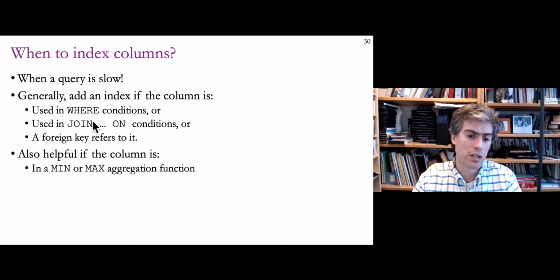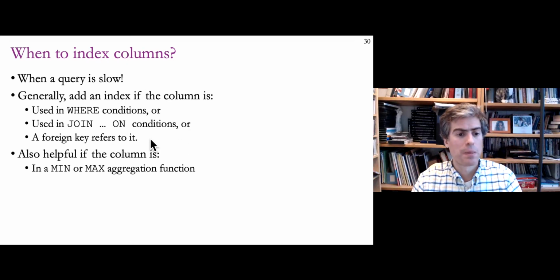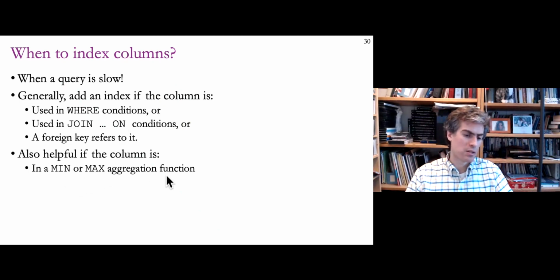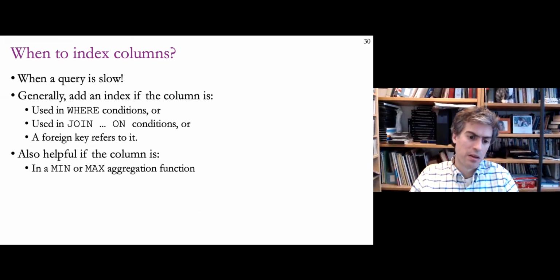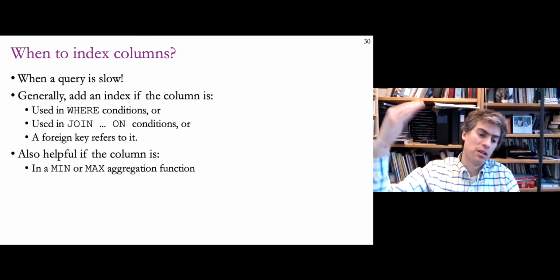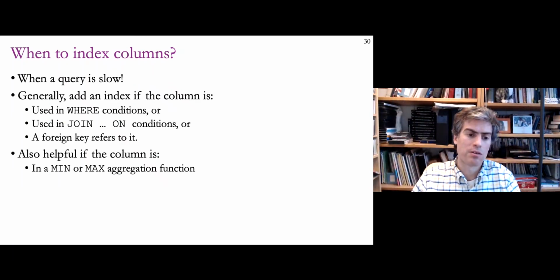If you're doing joins, where you have a foreign key referring to something else, then having an index will make those faster. Or if you're doing a lot of minimum or maximum aggregations, the index will make those fast as well, because you can use that tree to quickly find the minimum or maximum. Something like average, of course, would not be helped by an index because you still have to scan through everything to compute an average.